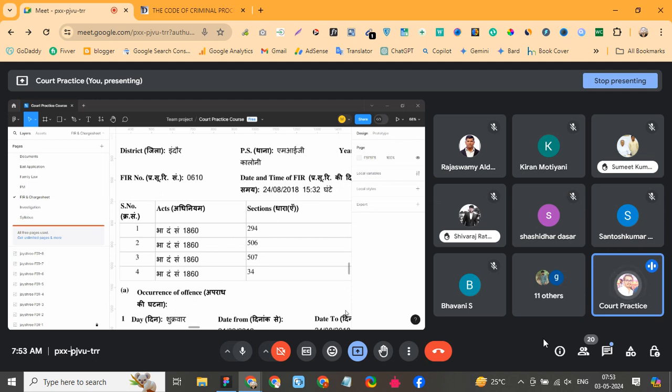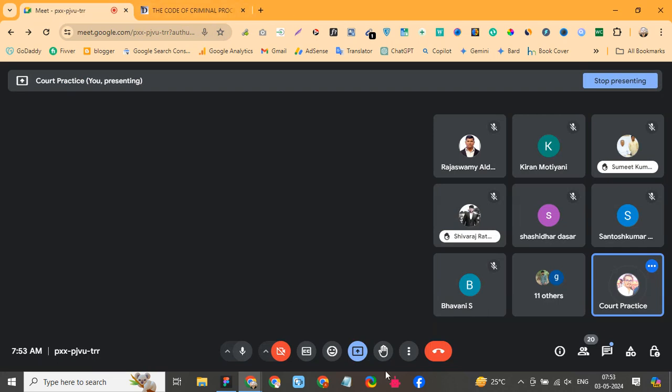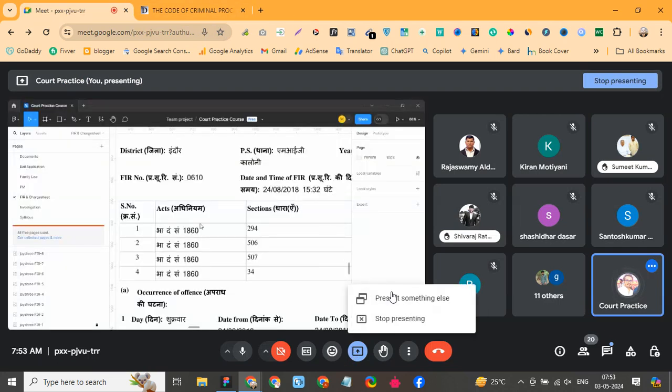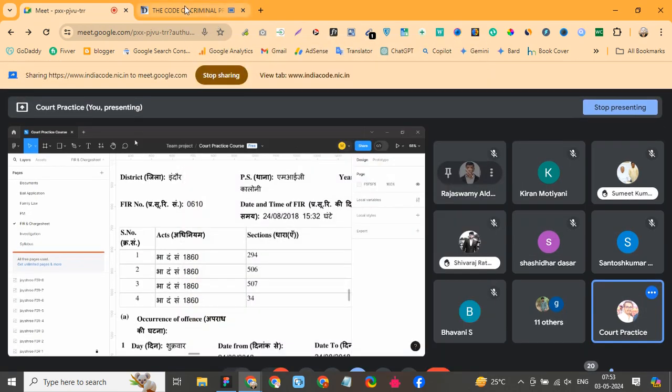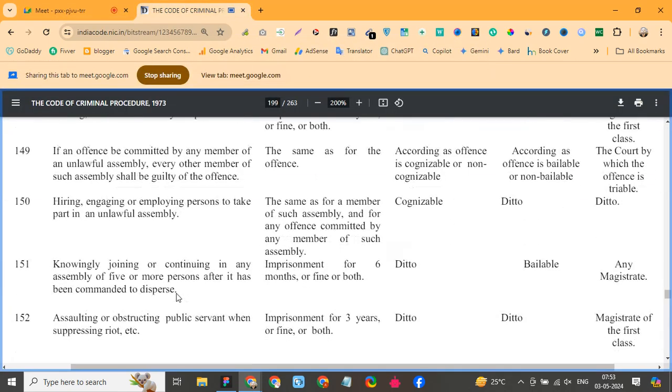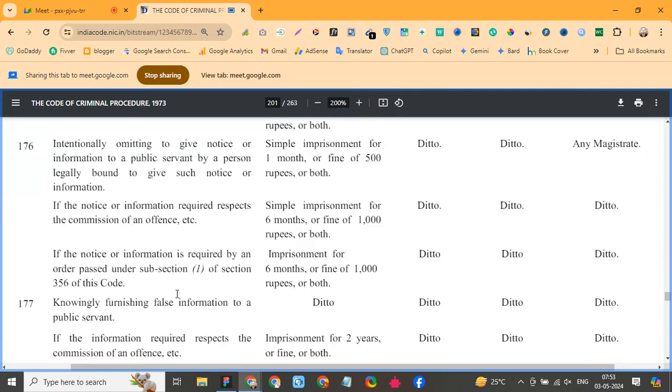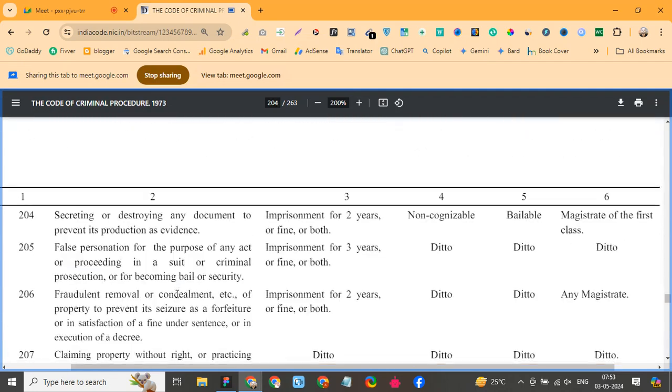Then after section 294, 506, 507, you have to read and go through the first schedule. Means if we have to read it over there according to the first schedule, we can easily remember the few things. Means if we have to read that particular FIR, we will go through the section 294, right?